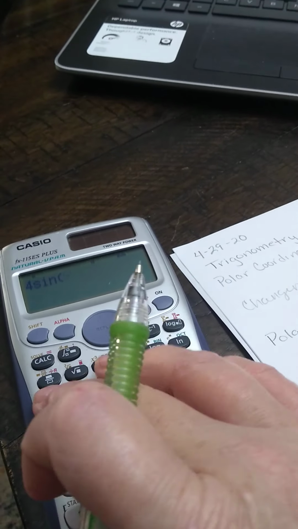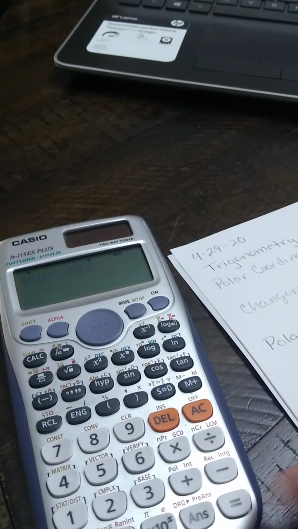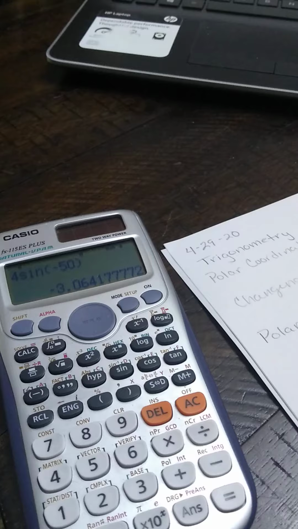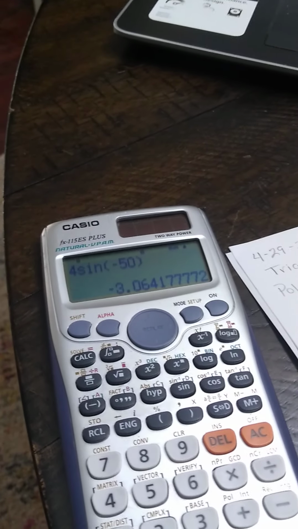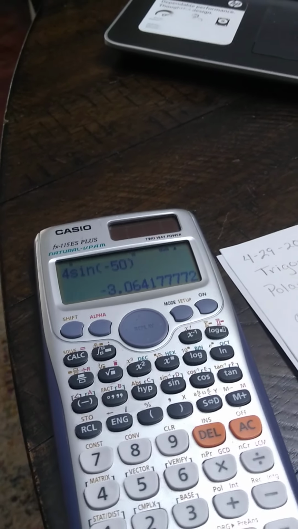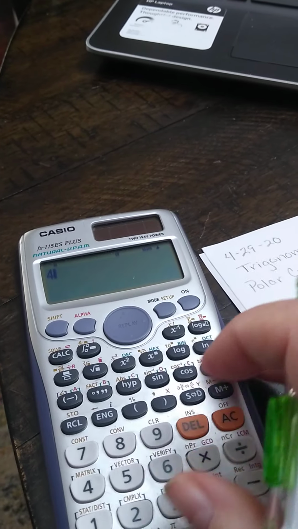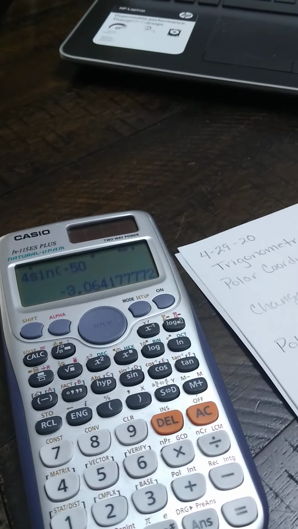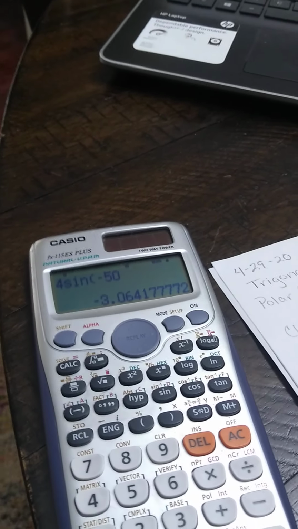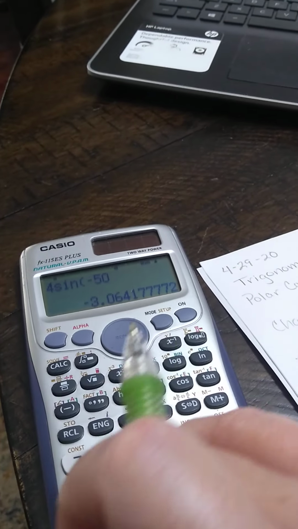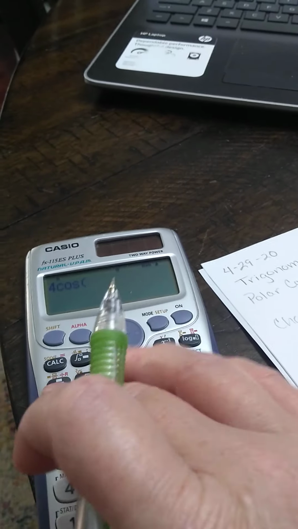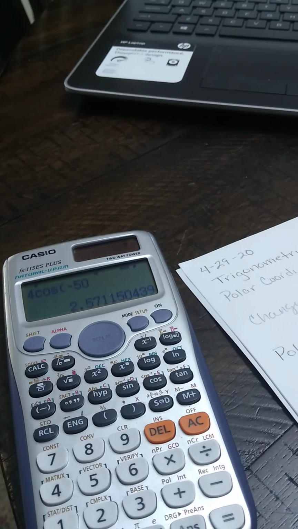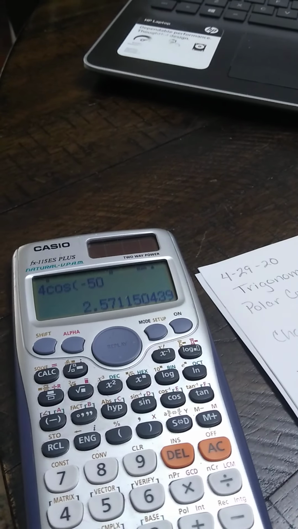4 times sine of -50, close your parentheses, you don't really have to if you don't want to, is -3.1. Let's do that again. So 4 times cosine of -50 is 2.6.